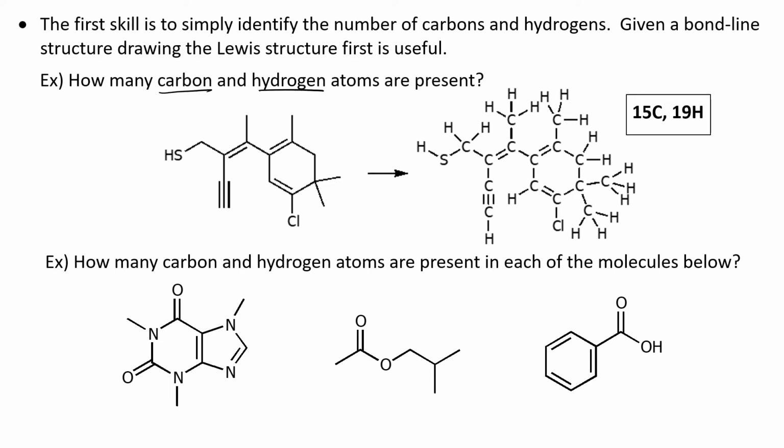With the carbons, we have 1, 2, 3, 4, 5, 6, 7, 8, 9, 10, 11, 12, 13, 14, 15. Remember, each corner or endpoint counts as a carbon. It might be helpful, in order to do the hydrogens, to convert your bond-line structure to a Lewis structure. This will help you keep track of your hydrogens.